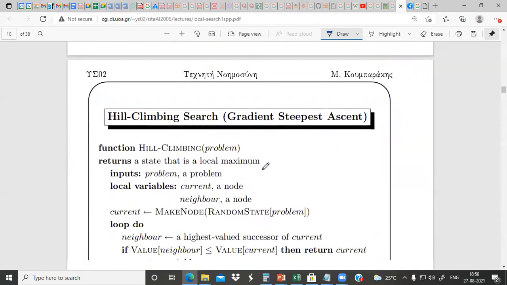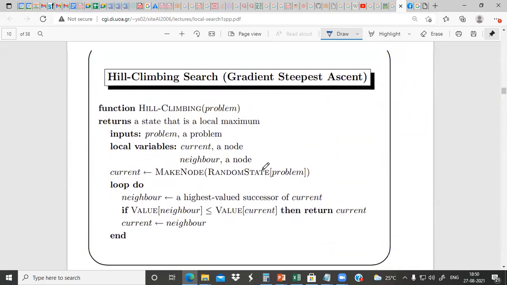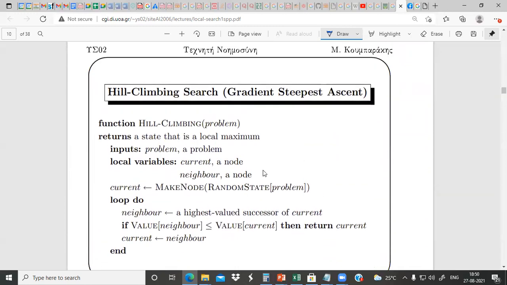Okay. So this is the first local search algorithm which we are going to learn, and this algorithm is called the hill climbing search algorithm. There are several versions of hill climbing search we are going to discuss, and this is the simplest version, which is called gradient steepest ascent, or simply steepest ascent hill climbing, right?